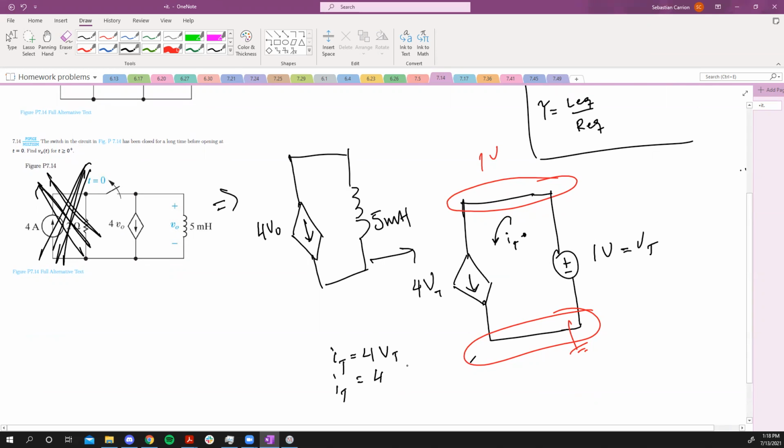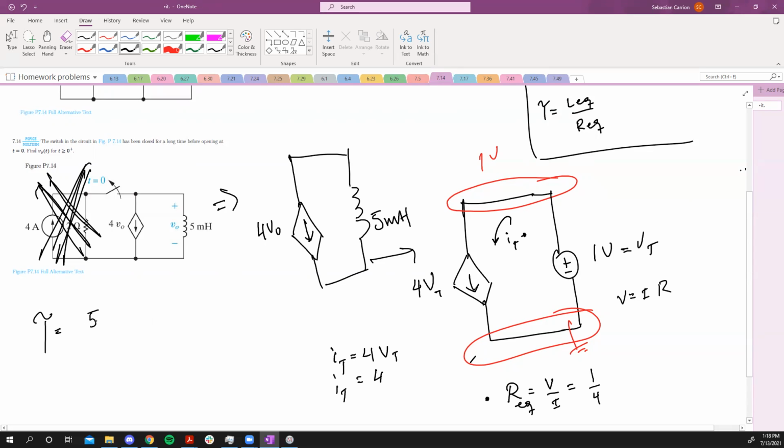Using Ohm's law, R equals V over I, so 1 over 4 is going to be our R equivalent. With our R equivalent here, we're able to calculate tau.